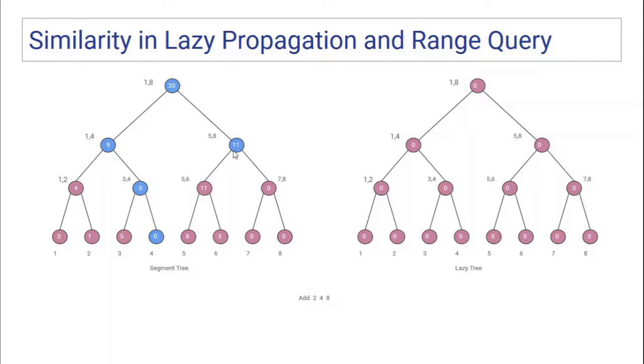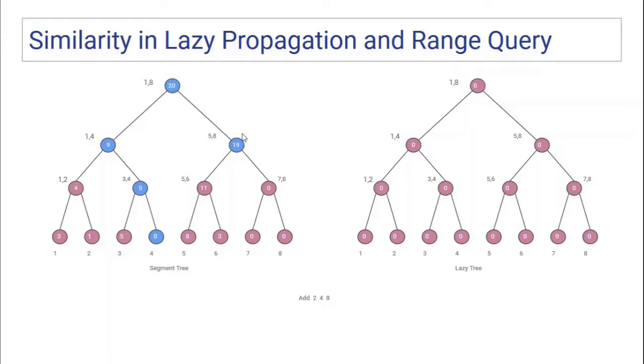Now this node will be incremented by 8, so this would become 19. Why? It stores the sum of 4 values from the array. All of those are going to be incremented by 2, so the overall increment would be of value 8, 4 times 2. So that is why we have added 8 here.